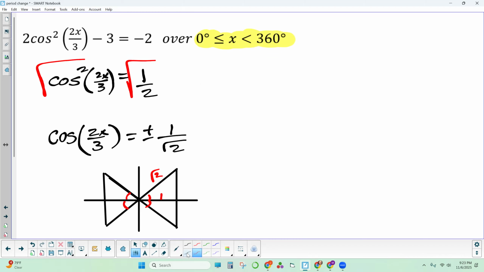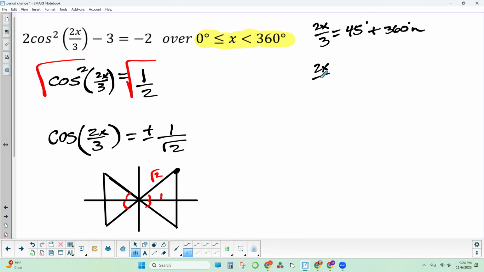And I'm looking at degrees. I'm going to write small here because we've got a lot to do. We've got 2x over 3 equals, my first primary angle here is 45 degrees, plus period of cosine 360 n.